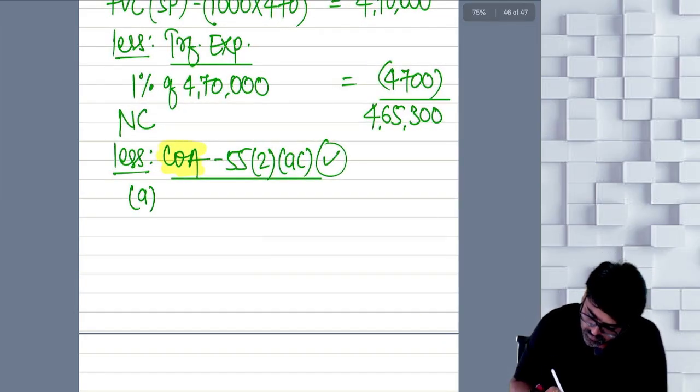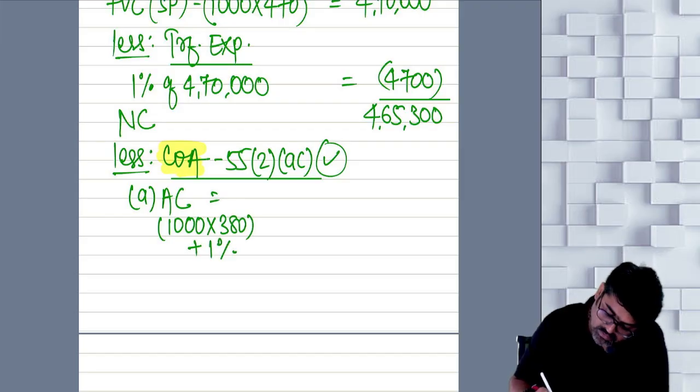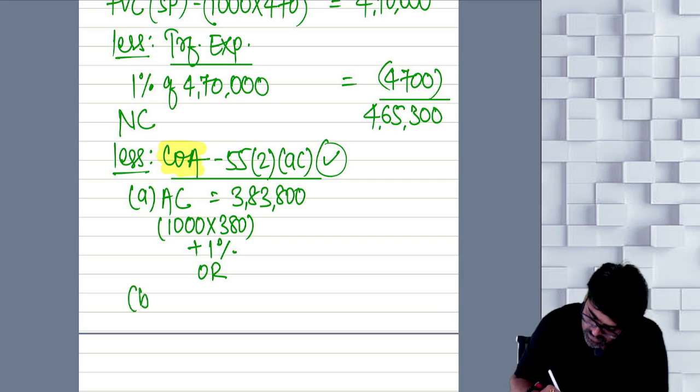It will be 1000 into 380 plus 1%. How much is that? 3,83,800. Or B, we are supposed to take the fair market value as on 31st January 2018.